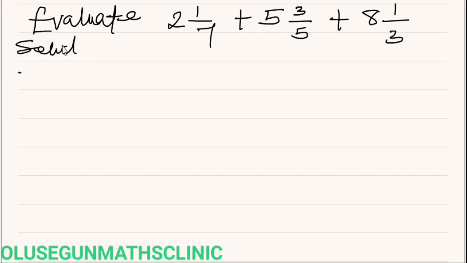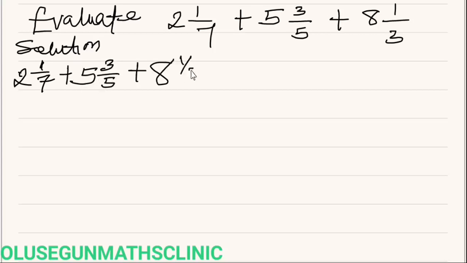Solution for having 2 whole number 1 over 7 plus 5 whole number 3 over 5 plus 8 whole number 1 over 3. So what to do is, the integer part is 2 plus 5 plus 8.